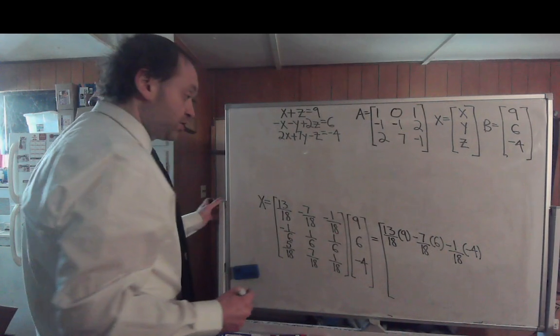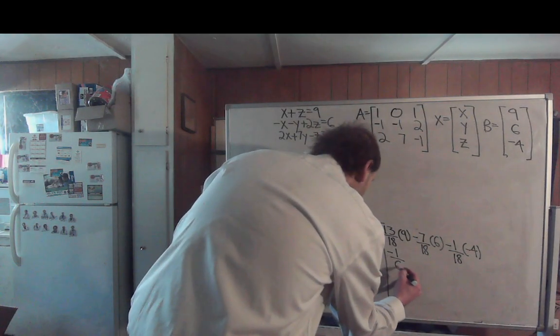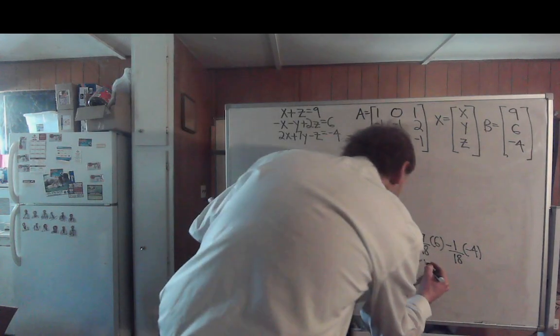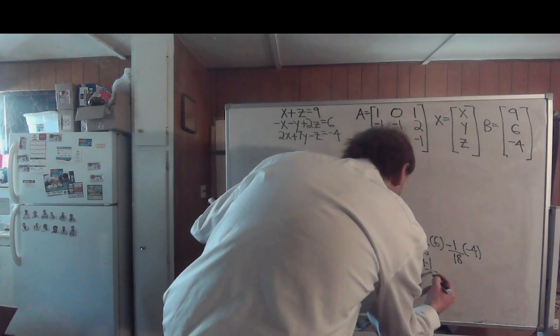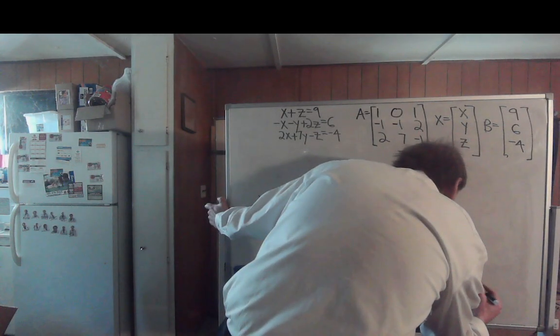Now let's start in row 2. So you'll take your -1/6 times your 9 plus 1/6 times 6 plus 1/6 times -4.